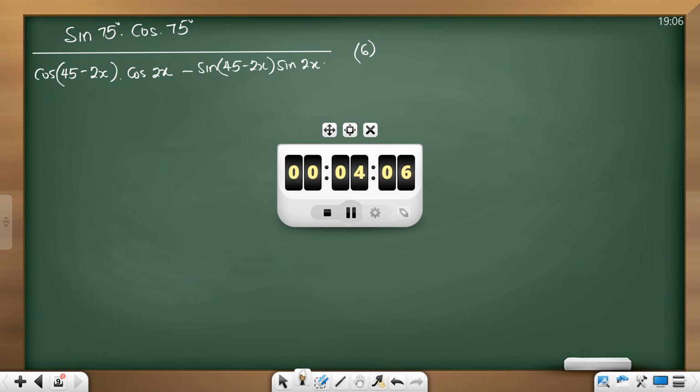I hope there's no error in this question. Leila, you stuck? Where? Were you able to do the denominator? What did you get?